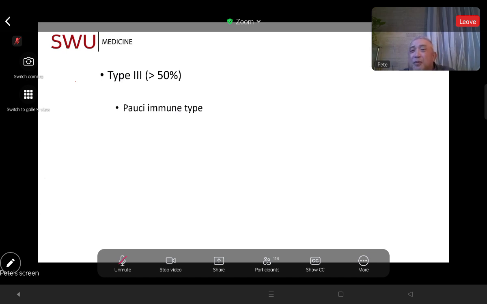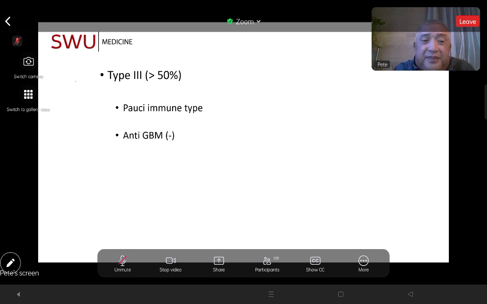This is the most common type of RPGN. So you have your anti-GBM, which is 25%, type 1. Type 2 is your immune complex mediated, and then you have your pauci-immune type. Meaning to say that if there are no more renal cells, your kidneys cannot function. Do you follow me? Okay?